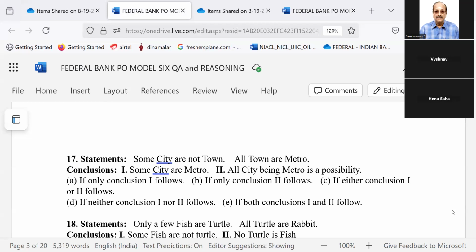Conclusion 2: all city being metro is a possibility. Option A, if only conclusion 1 follows. Option B, if only conclusion 2 follows. Option C, if either conclusion 1 or 2 follows. Option D, if neither conclusion 1 nor 2 follows. And option E, if both conclusion 1 and 2 follow.